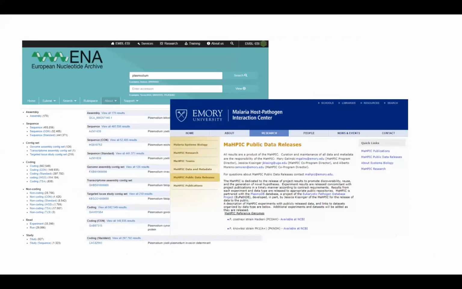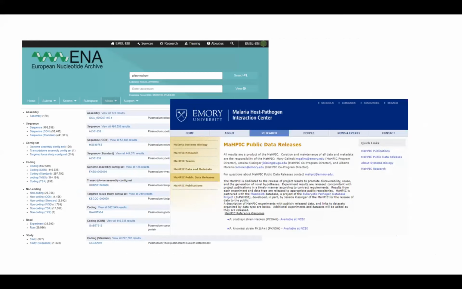So the first image that you can see here is ENA, or the European Nucleotide Archive. By searching the term Plasmodium, we find numerous results for omics data for this parasite.